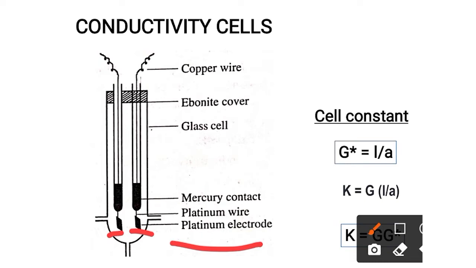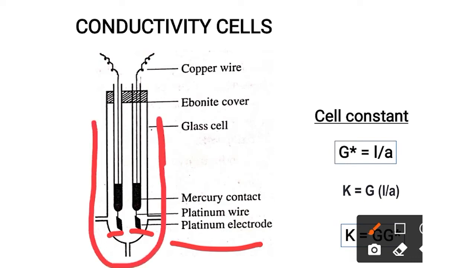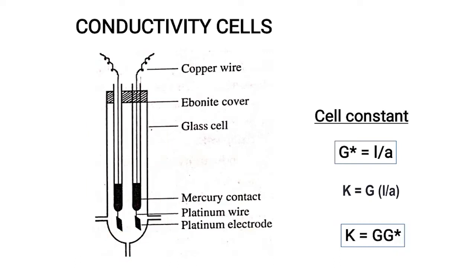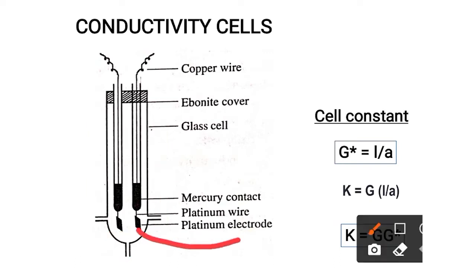The glass tubes are usually fixed rigidly into the ebonite cover so that the distance between the electrodes remains constant. So you can see the Pyrex glass tube for the conductivity cell, then the platinum electrode coated with platinum black, fused to the glass tube through the platinum wire, and the glass tube contains mercury.